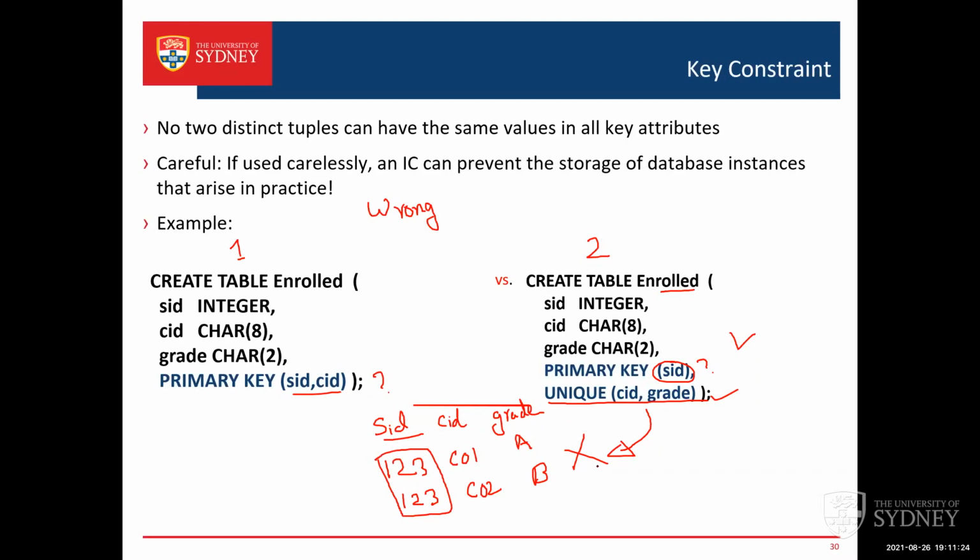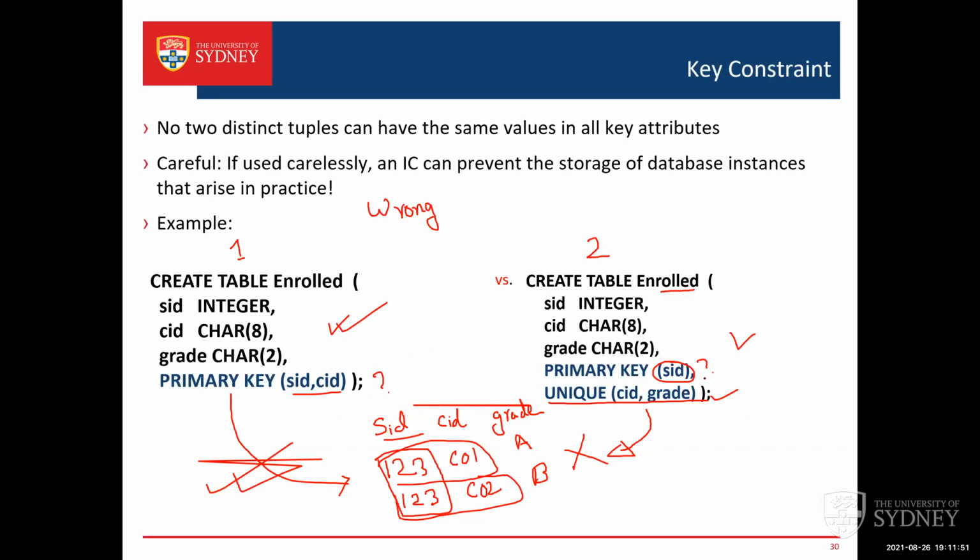It will say, no, you are doing it wrong. But that would not be the case. One student can enroll in multiple courses, but if I use number 1, it will be correct. Here I can see 1, 2, 3 with C01, and 1, 2, 3 with C02. That one will be valid.